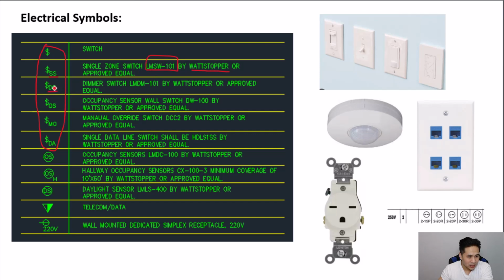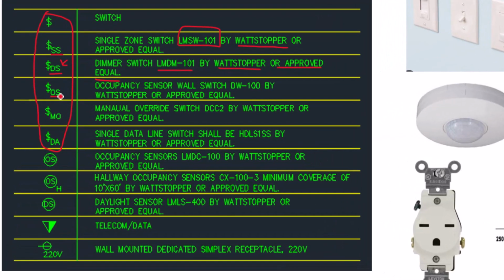The D stands for dimmer switch. So we represent it with this text here. And we specified this model number or approved equal. And Watt Stopper again is the manufacturer. Same with the OS. It stands for an occupancy sensor wall switch, such as this or approved equal.